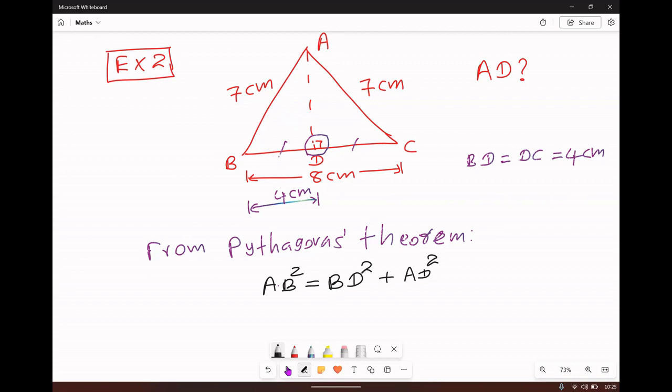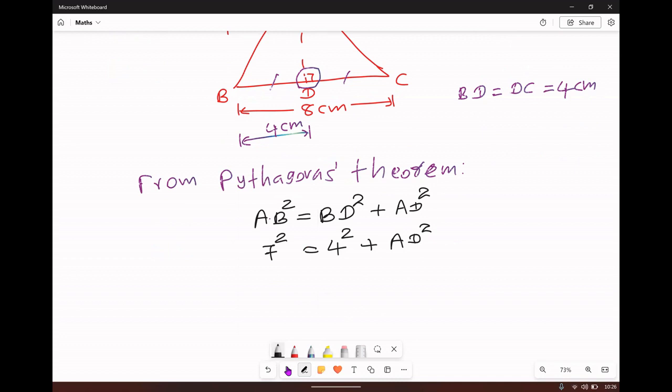We can just substitute the known values. That is 7 squared equals 4 squared plus AD squared. So that means we can write AD squared is equal to 49 take away 16.